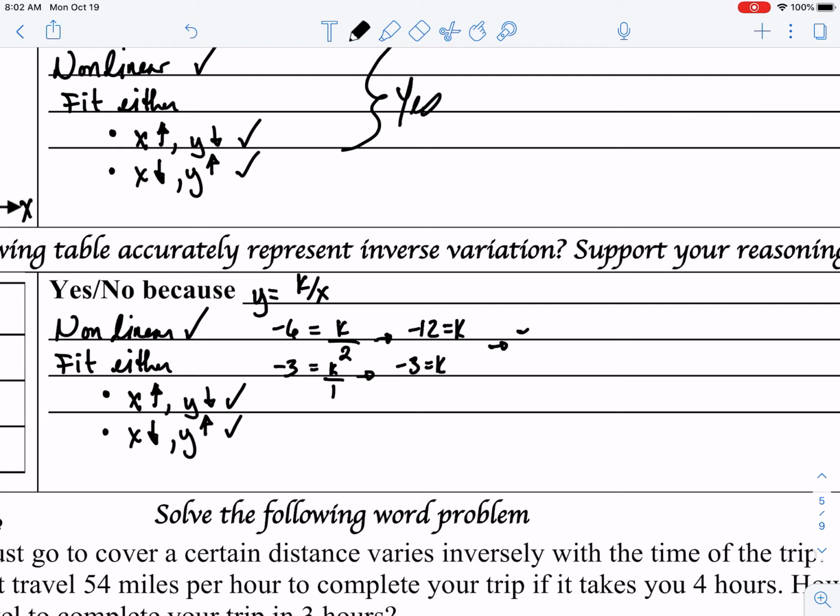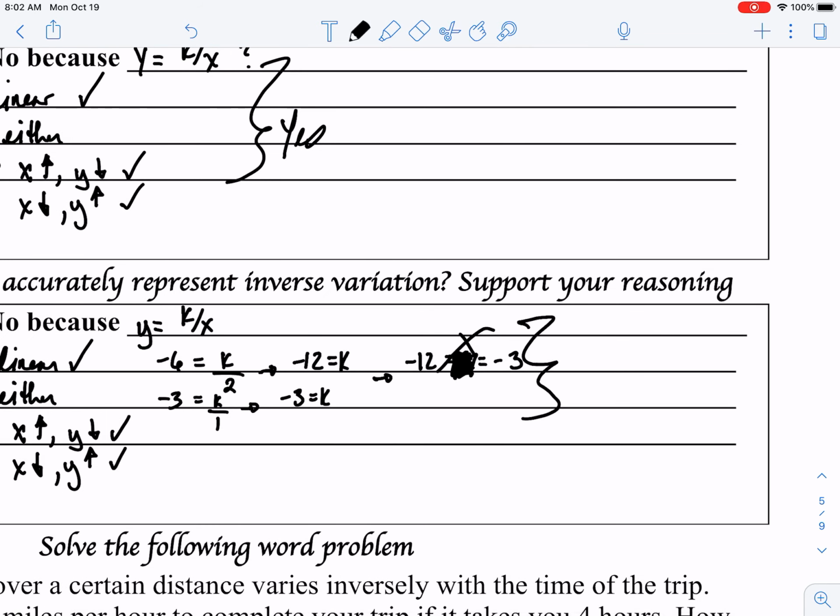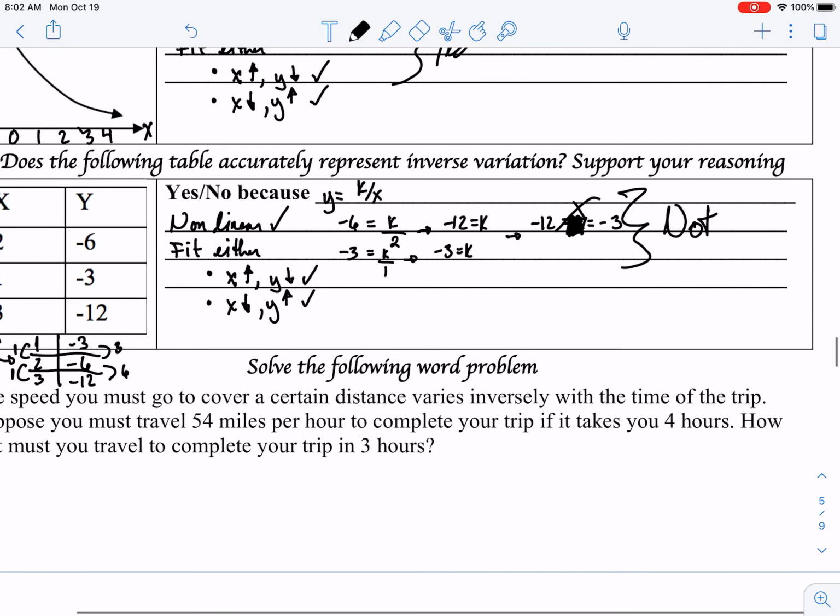So if I write this out, negative 12 is equal to k, and then will I have k is equal to negative 3 if I get rid of this k, right? So negative 12 is not equal to negative 3. So this is not inverse variation because my k's are different. So in variation, your k must be the same from all of your sets of points.